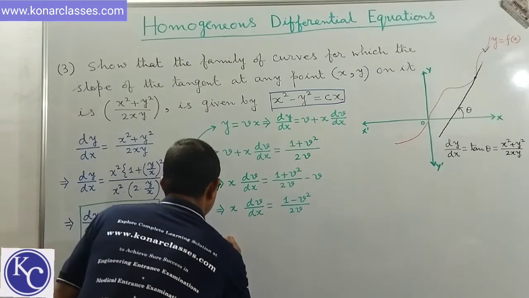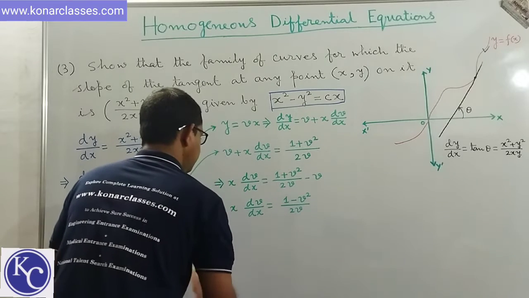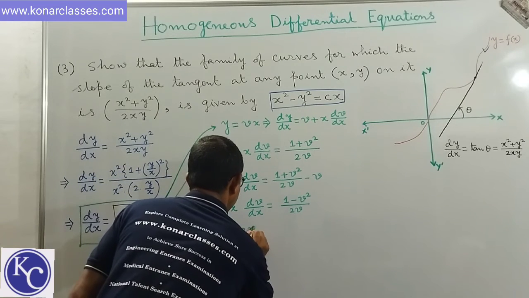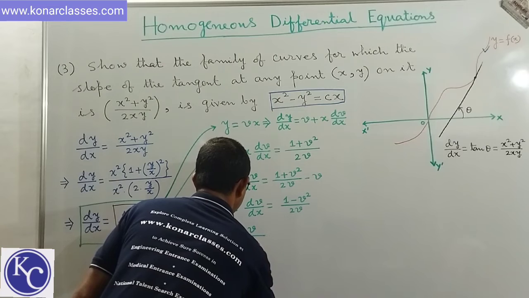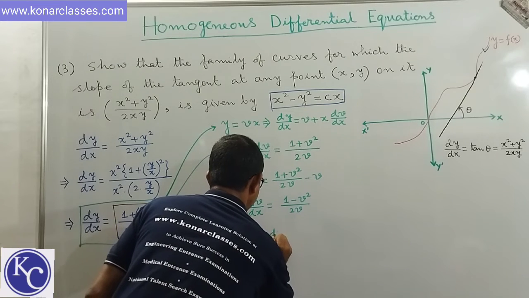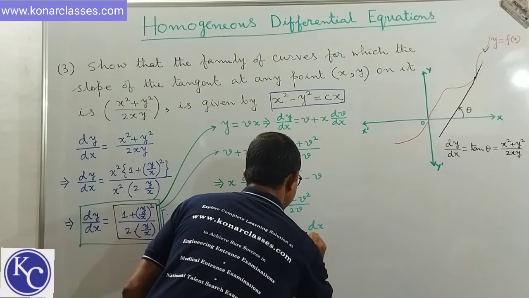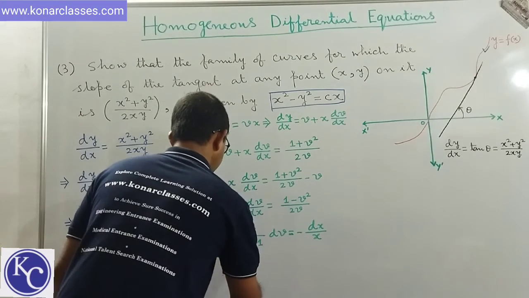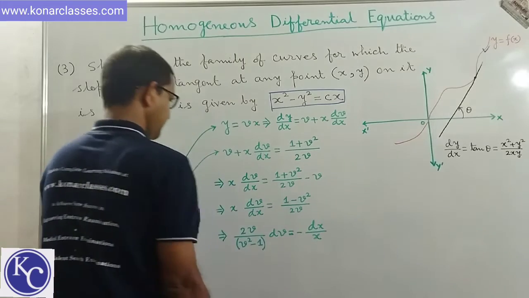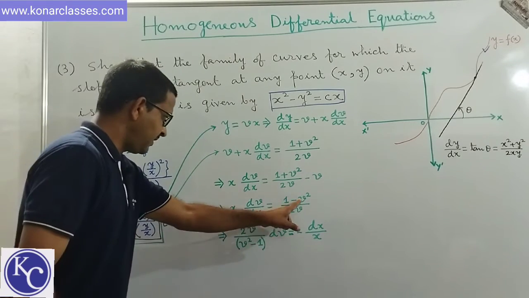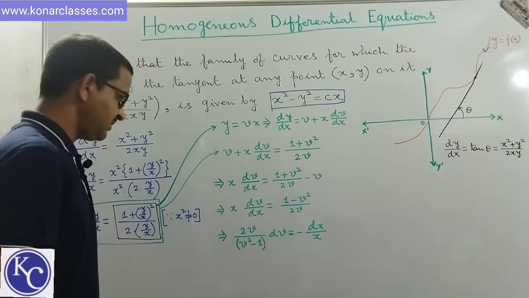So from here we get 2v by (v square minus 1) into dv is equal to minus dx by x, multiplied by minus 1 on both the left hand side and right hand side.